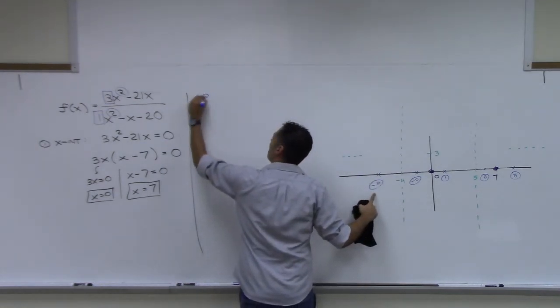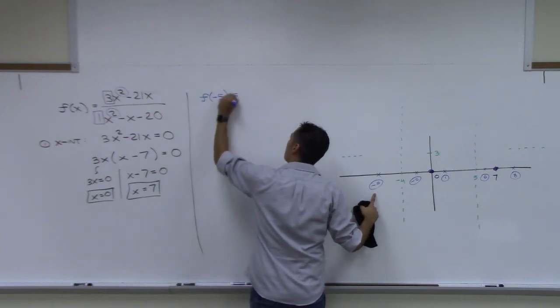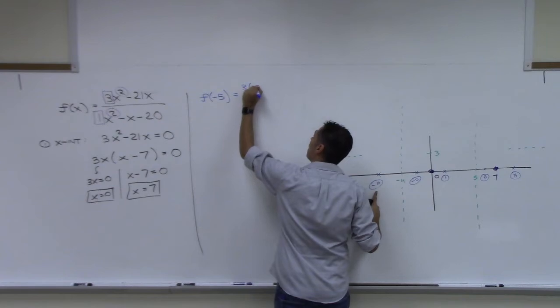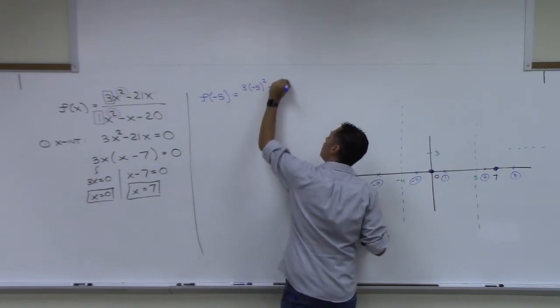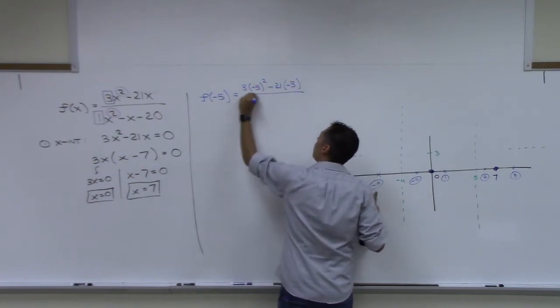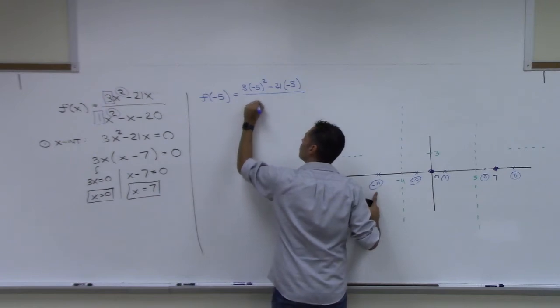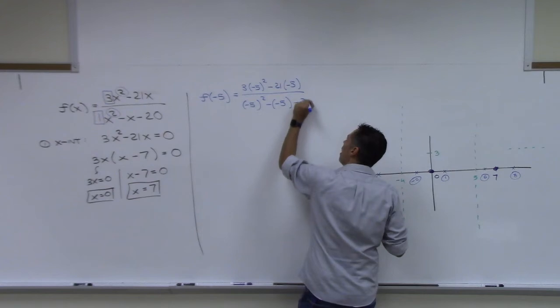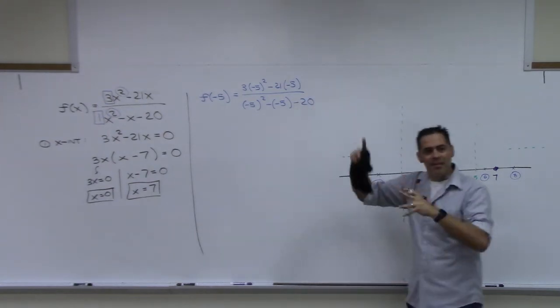Okay, all right, so let me do f of -5. Just to remind you what we're doing, we're going to plug this -5 into that function, so that's 3 times -5 squared minus 21 times -5 all over -5 squared minus -5. You've got to be really careful with your signs here. There's lots of little negatives to get messed up.